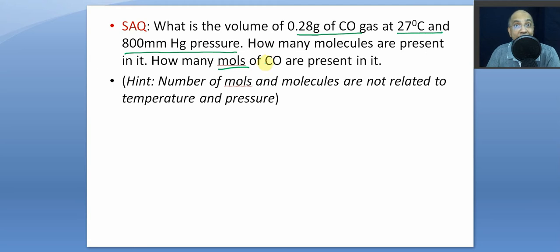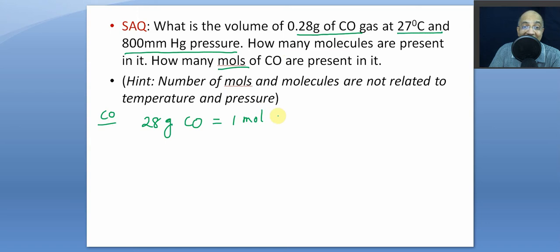But moles we will be doing. So many moles calculation that we'll be doing, that how many moles. So carbon monoxide is 12 plus 16, 28 gram, because gram data is given. Carbon monoxide is equal to 1 mole, is equal to Avogadro's number of molecules.